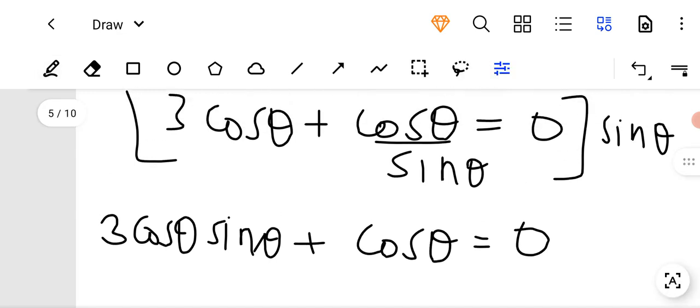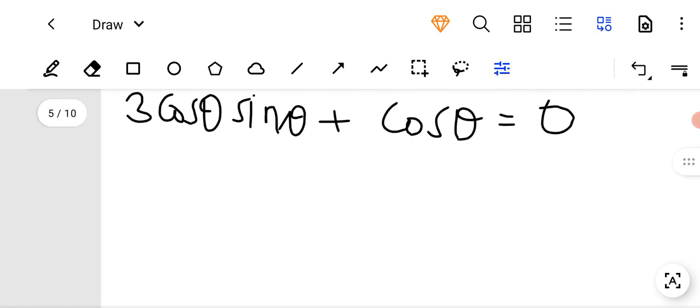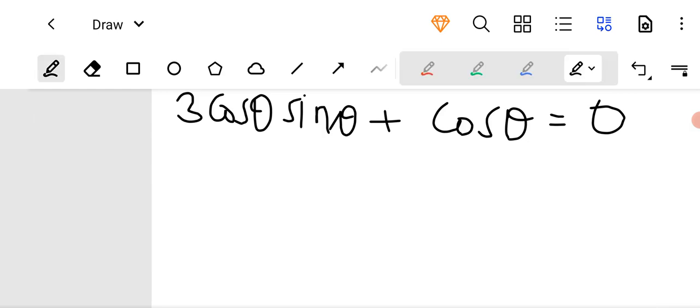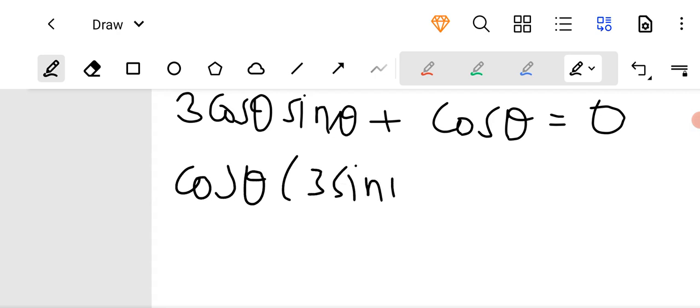Multiplying throughout by sin theta does not change anything. Here we can't divide by cos theta, it's not allowed, because we can get rid of some solutions. So we factor out cos theta, and we get 3 sin theta plus 1 is equal to 0.